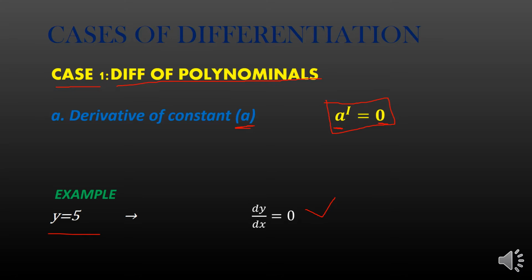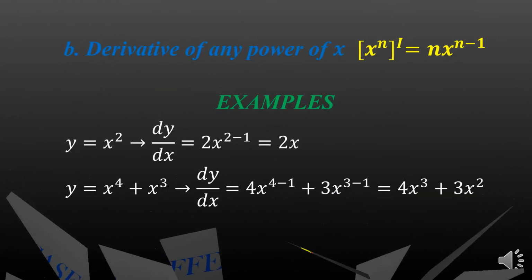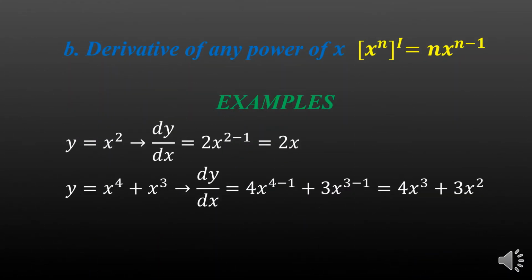Let's look at part B of differentiation of polynomials. We have the derivative of any power of x, that is (x^n)', which simply says the differentiation of x to the power n. Here we use the symbol rho, which is times and take.